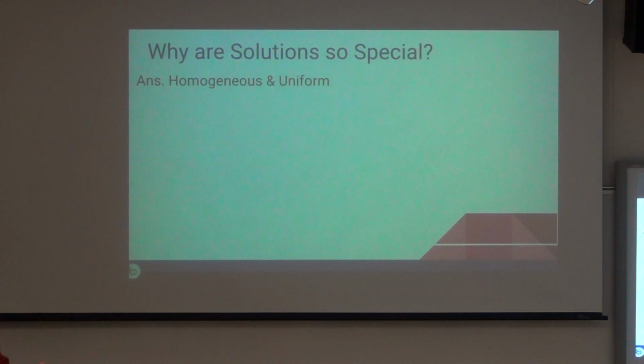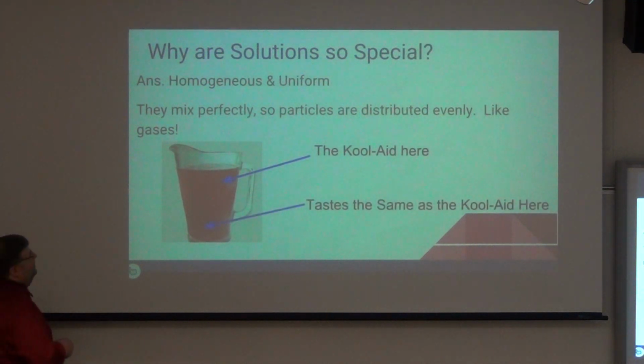We can use them then and be able to control how much chemicals we have because we know everywhere throughout that mixture, that solution, I have the same kinds of amounts of things present. They mix so perfectly. So the same amount of Kool-Aid that I have here would taste just like the stuff down at the bottom.